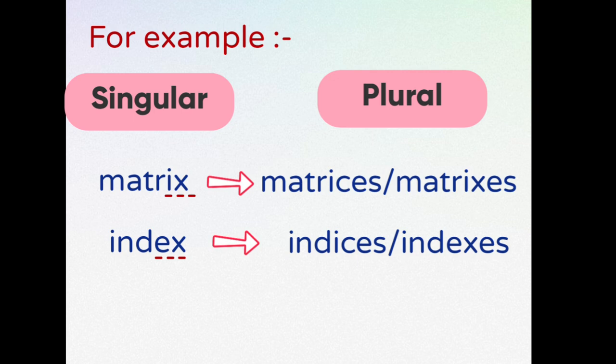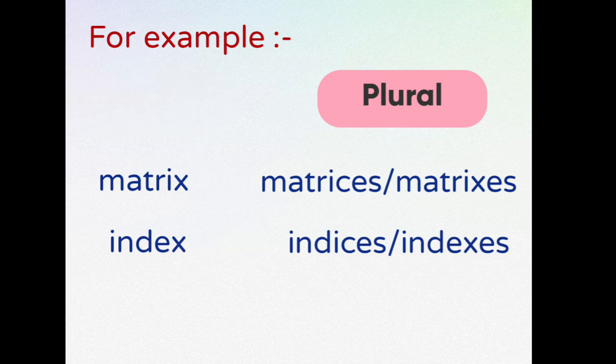So either ices will be added or es will be added, making it matrices or matrixes in its plural form. Second example, index. It is ending in ex. So we will remove ex and add ices, making it indices, or adding es, it will become indexes in its plural form.